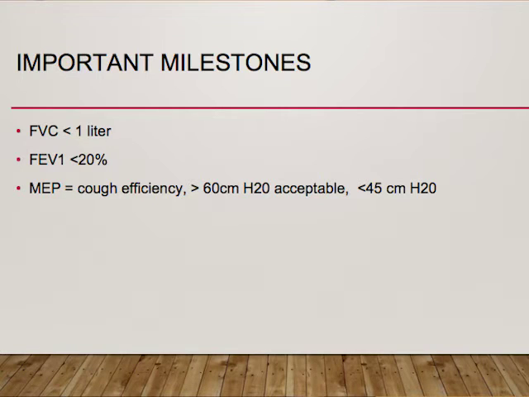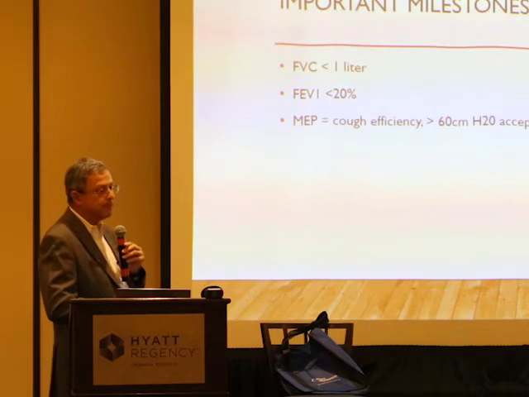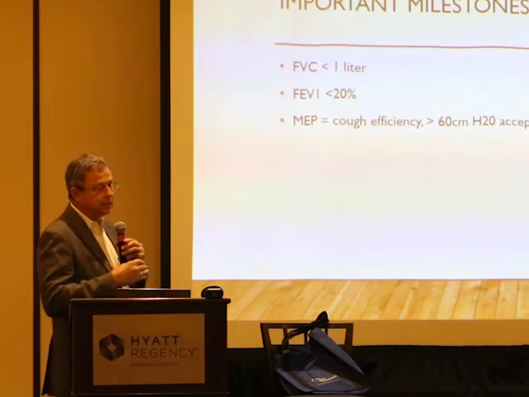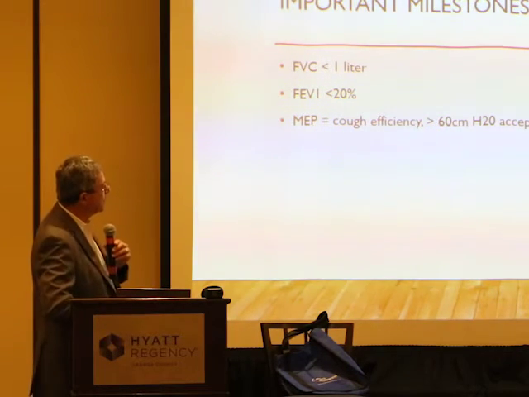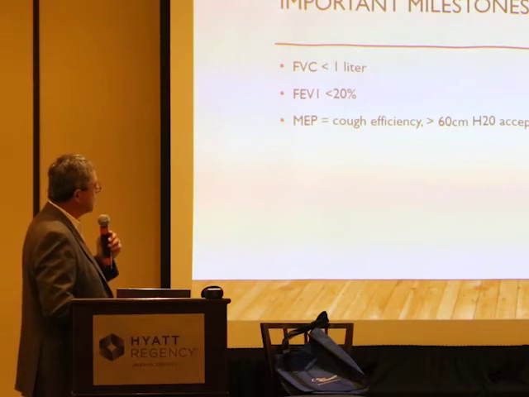It's kind of a technical term, but we look at it as a measure of ventilatory efficiency, and when it's less than 20%, we should be very aware of what's going on with carbon dioxide. If you think about it, it's basically saying that as you get to the point where you can't generate enough of a forced expiratory maneuver, then you're likely to see the carbon dioxide rise in your blood. So this has a predictive value that we pay attention to.